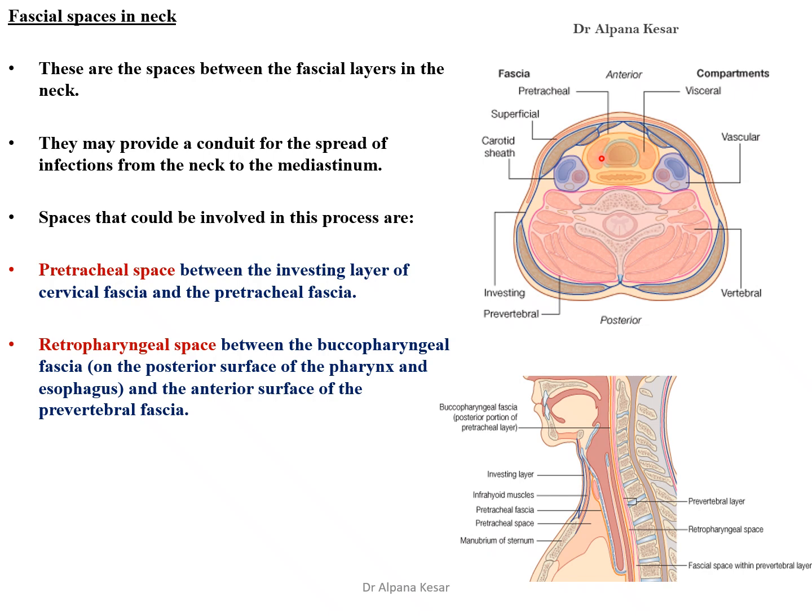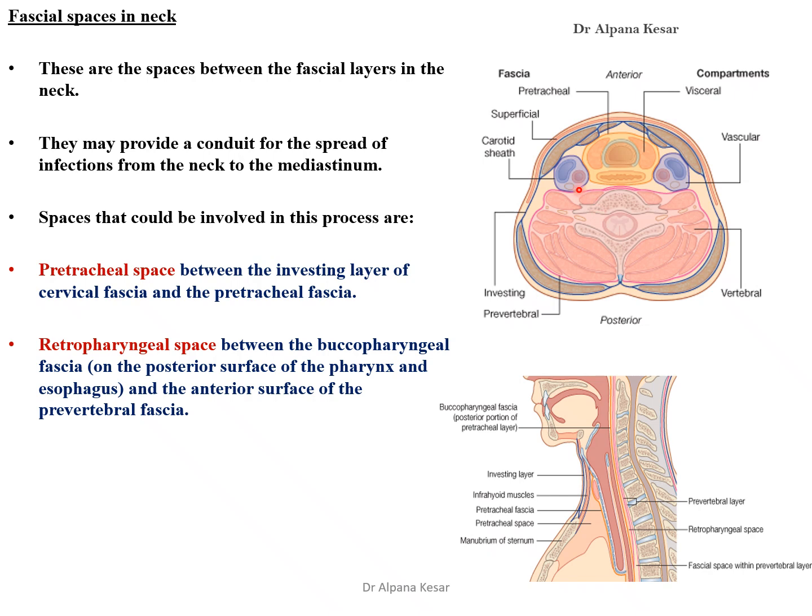The spaces that may be involved in the infections include the pretracheal space, which is present between the investing layer of deep cervical fascia anteriorly and the pretracheal fascia posteriorly. This is the pretracheal space.